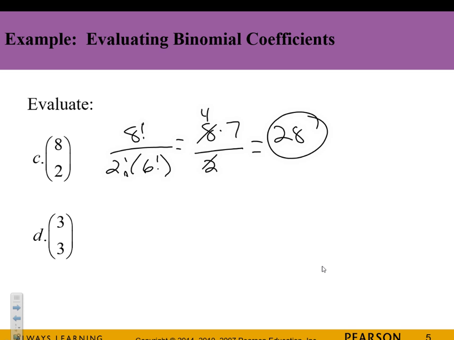Okay, I want to show you a couple things. What we're doing is now called binomial expansion.